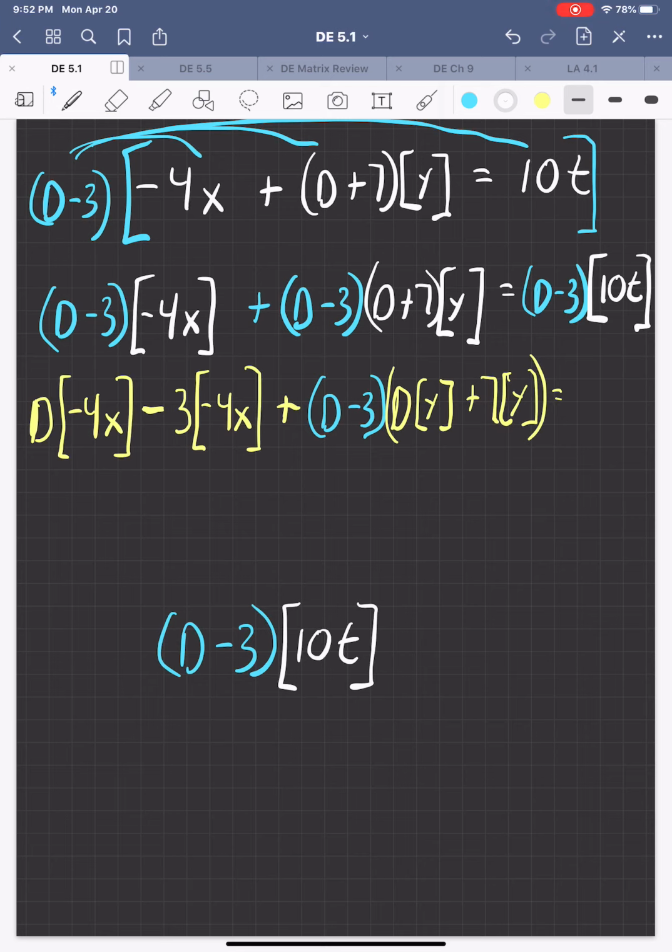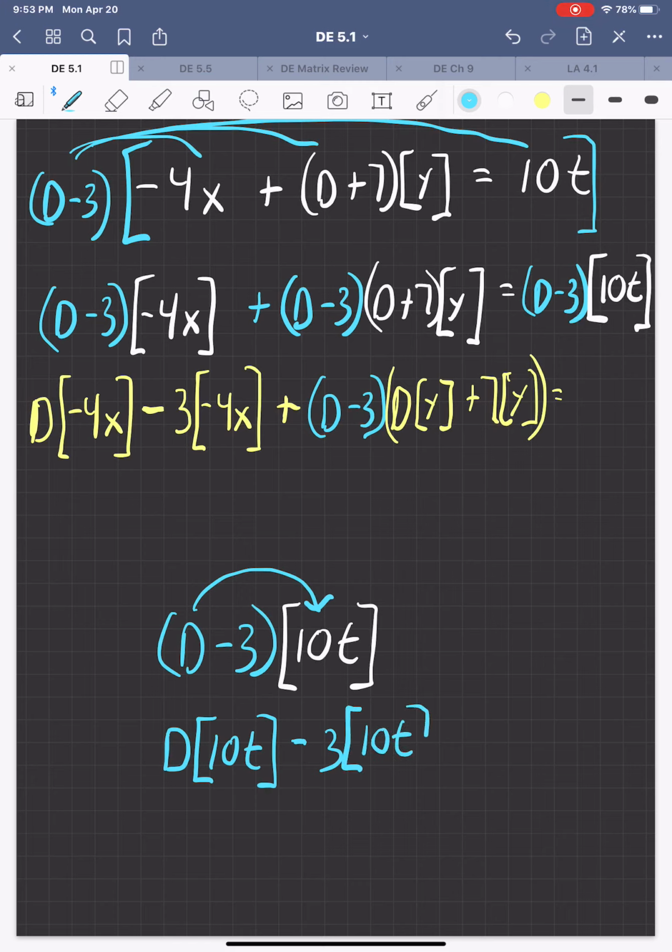So remember this is d. Obviously it is operating on 10t, and this is minus 3 operating on 10t. But wait a minute, this is where I need you to look. How do you interpret d?